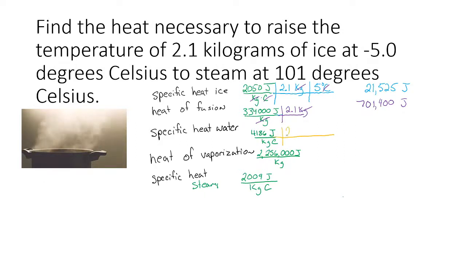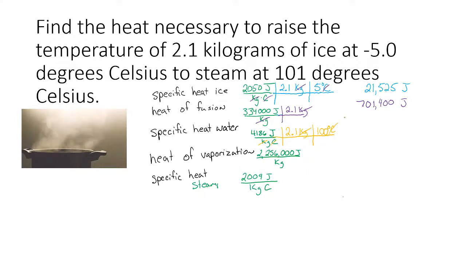The next thing we want to do is change the water temperature up to 100 degrees. So we'll multiply it first by the mass of 2.1 kilograms. That eliminates our kilograms, but you can see if you're doing the significant digits properly that you also need to eliminate the Celsius from the problem. So we're going to go between the fiducial points of water from 0 degrees Celsius to 100 degrees Celsius, its boiling point.